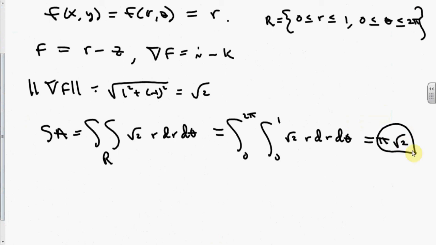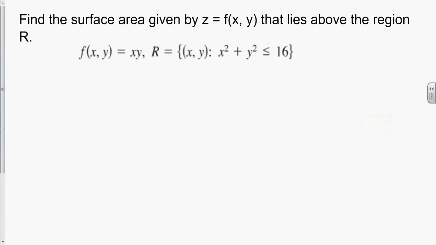Let me go to that last one and work that one out for you. I define f as being r cosine theta times r sine theta. I would not have done this unless the region was given as some part of a circle. See that? So that tells me that I can convert to polar coordinates.